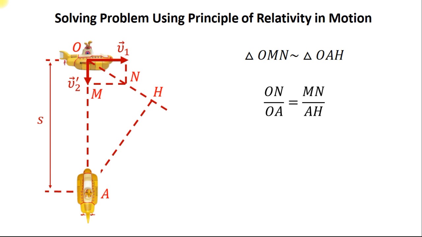OA is equal to S. MN is equal to magnitude of spy velocity vector V1. AH is the unknown shortest distance between submarines.